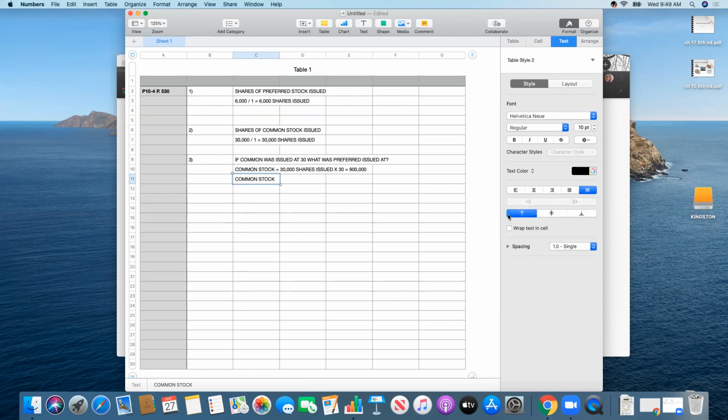Common stock at par is 30,000 shares times $1, which equals 30,000. Well, how much is additional paid in capital then?